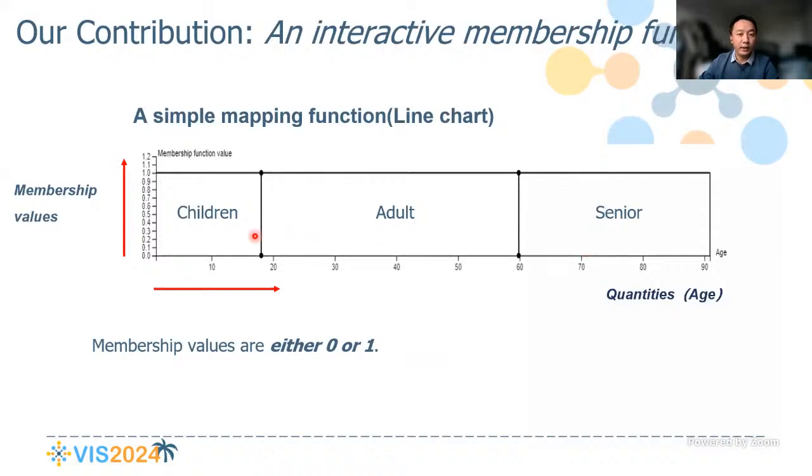Let's go to the details of the traditional mapping function. It's a typical line chart here. In this line chart, the x-axis refers to the quantities, and the y-axis refers to the membership values. As we can see, this mapping function has a clear boundary, and the membership values are either 0 or 1.